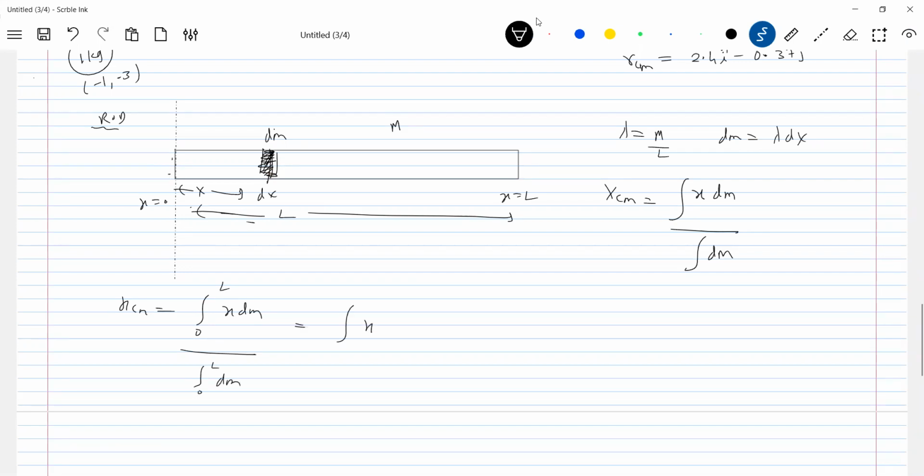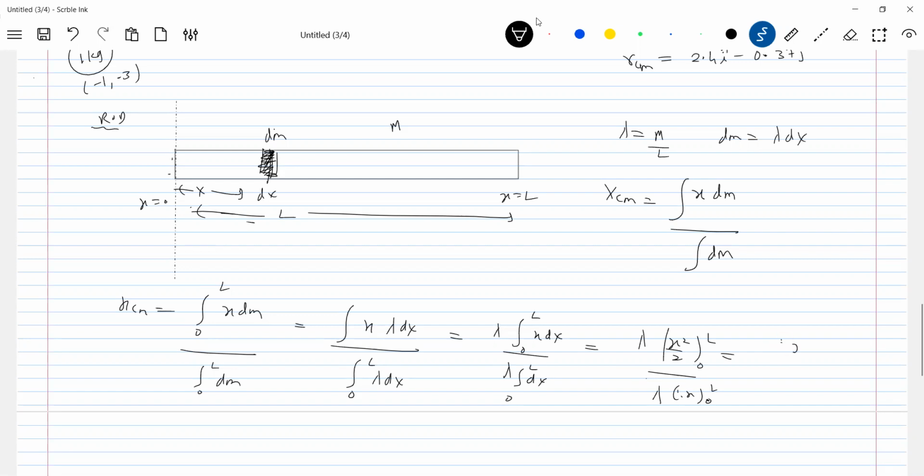Now let's come to dm. From the definition, dm is lambda dx, so we have the integral of x lambda dx from 0 to L. So the integral of x dx is x square by 2, from 0 to L, and this will be lambda into the integral of dx.